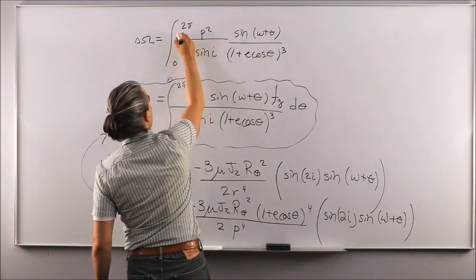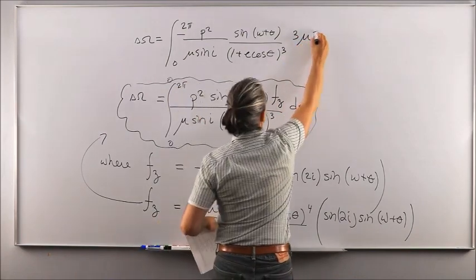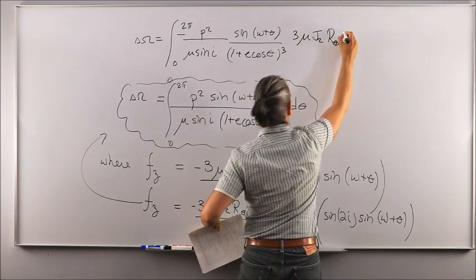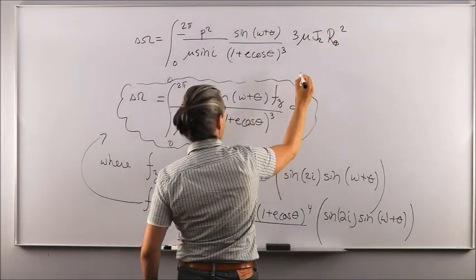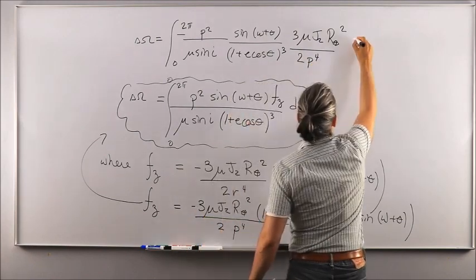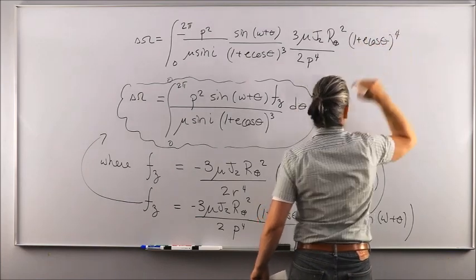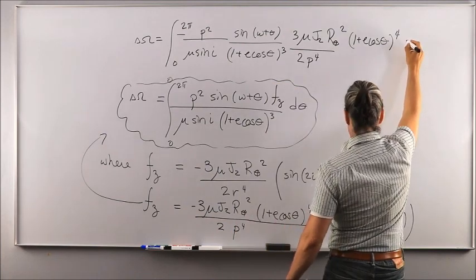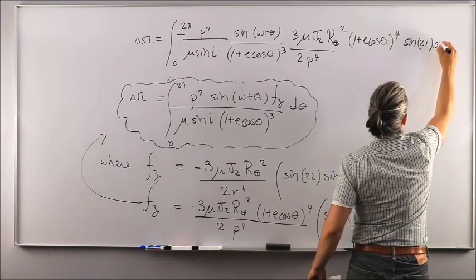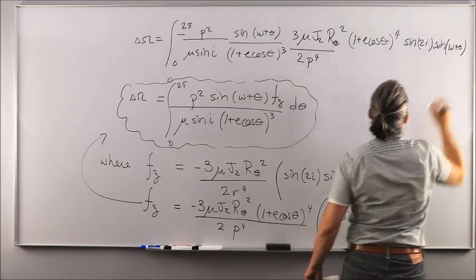So minus 3 mu J2 mean equatorial radius of the Earth squared over 2 P4 times 1 plus e cos theta to the power 4, and all this times sine 2i and sine of omega plus theta.